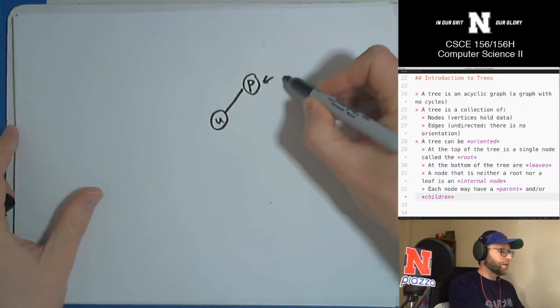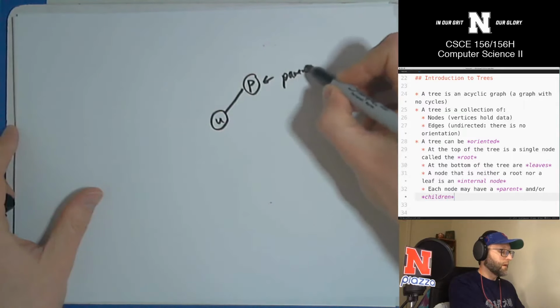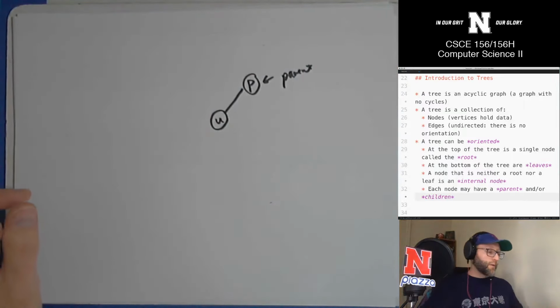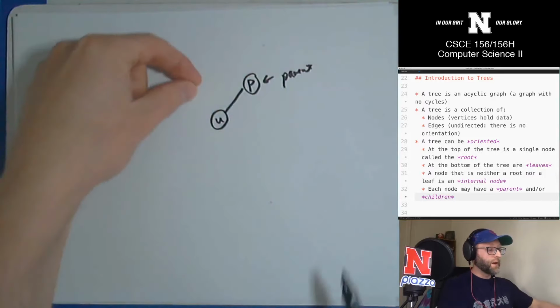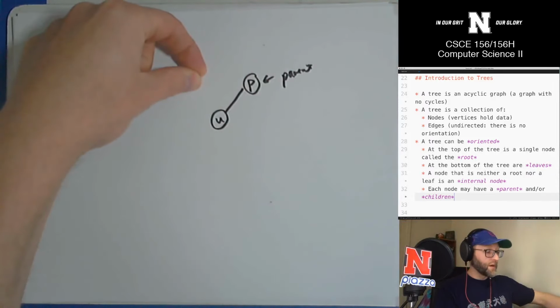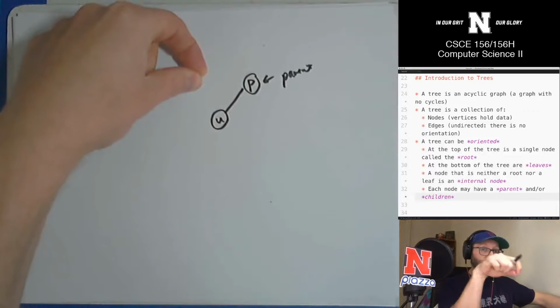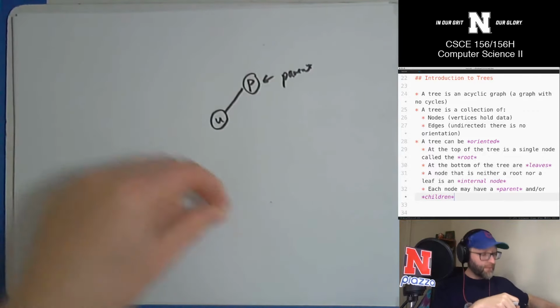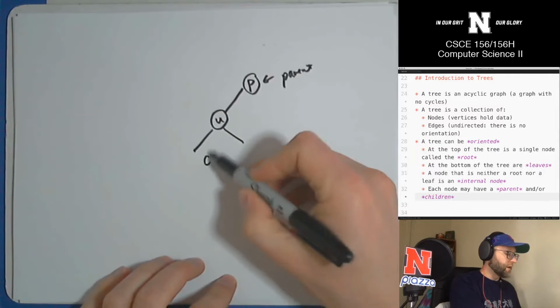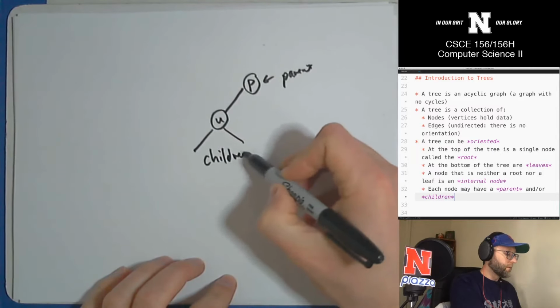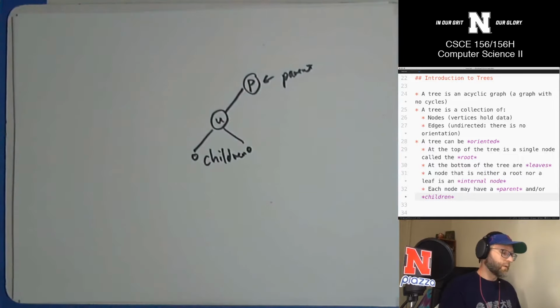This is the parent of that node. We're only ever going to have one parent, because if we had another parent over here, like in a family tree, remember the orientation, that parent would come down here and actually become a child. But we have children down here. We could have a bunch of nodes down here.